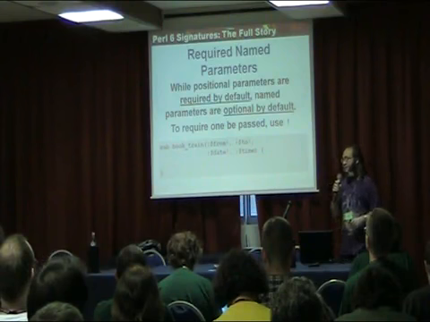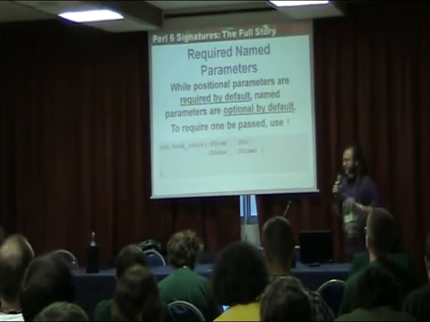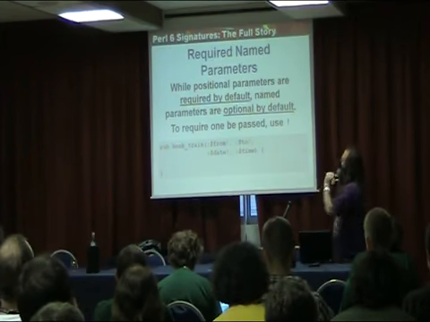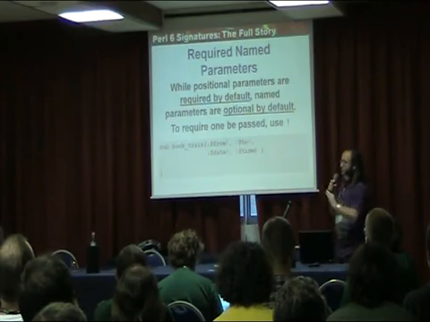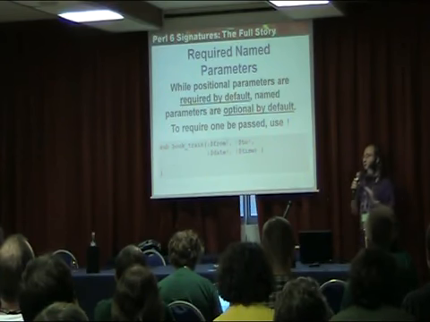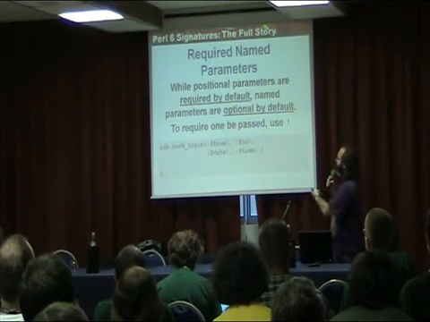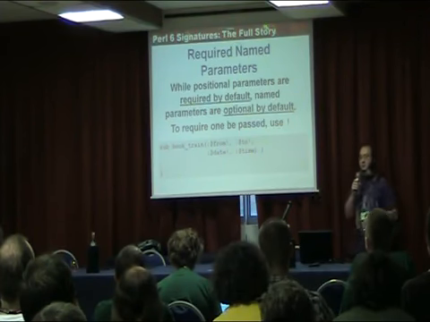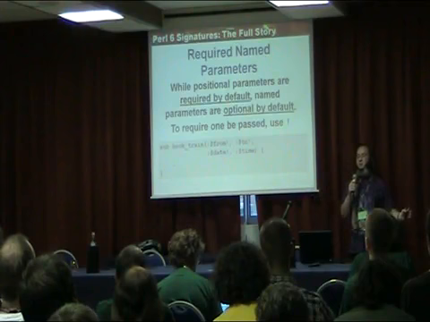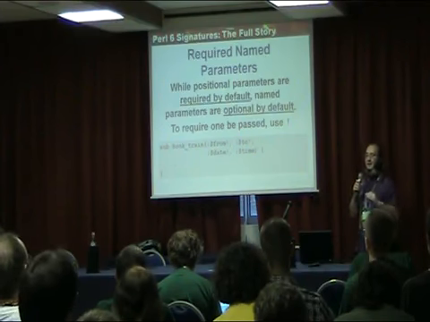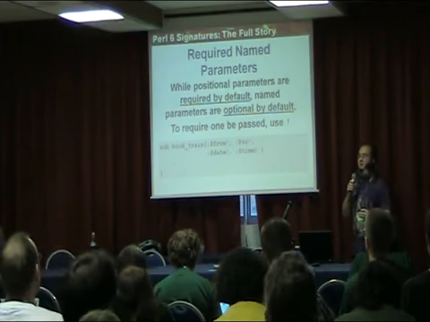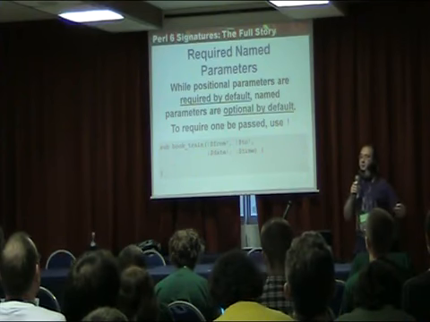The optionality of named parameters is actually the default. So for the positional ones, the ones we have to call on, you must pass them unless you mark them with a question mark. We tend to use named parameters when we want to give you some extra little options. So they're not really kind of the core data you want to operate on. They work a little bit more like adverbs.